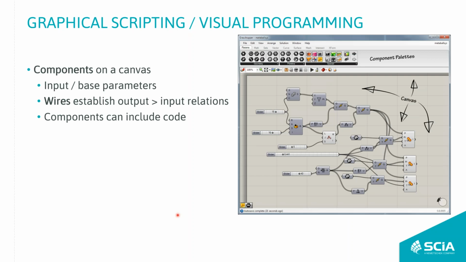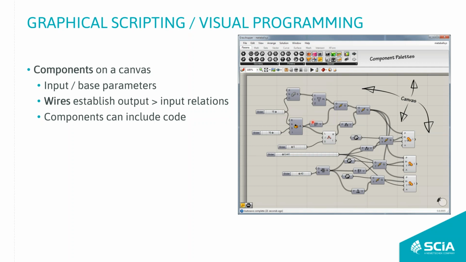You are using the boxes to define some objects, and you are using wires to connect two boxes, and that's the definition of the relation between two boxes. So here that's an output, and here it's an input, so that you are creating relations between the objects or elements.